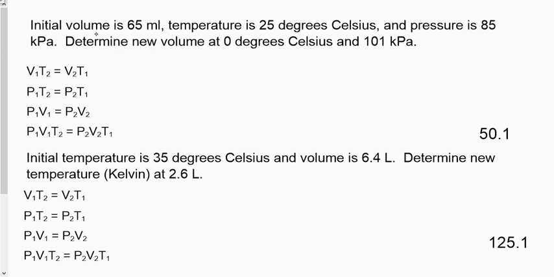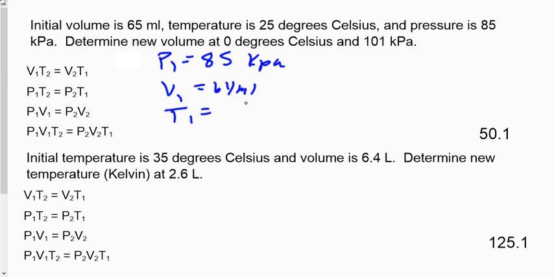In this one here, we've got an initial volume, and it looks like the pressure is 85 kilopascals. So I'm going to put P1 equals 85 kilopascals. Volume 1 equals 64 milliliters. Temperature 1 is 25 degrees Celsius. Again, have to add 273 to that, so that's 298 Kelvin.